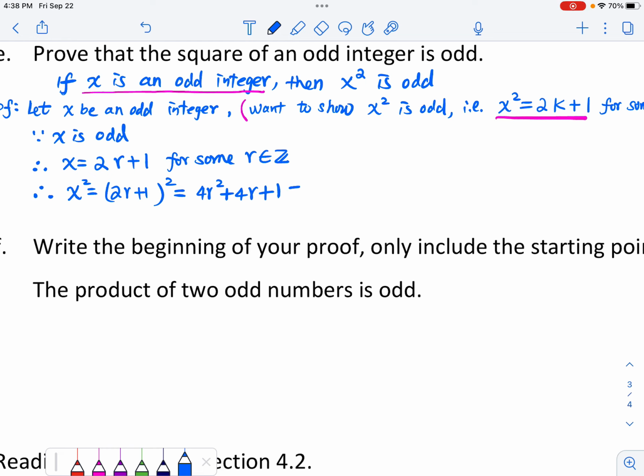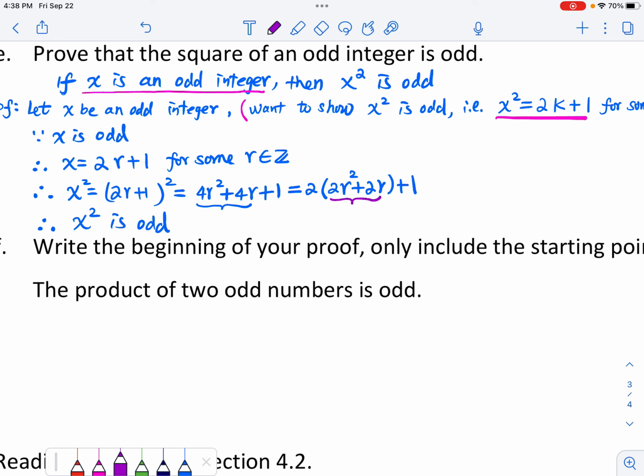So I group these two terms together and factor out a 2, so I have 2 times (2r squared plus r)... rather, 2(2r squared plus 2r) plus 1. Do you see that this is actually an integer? That's going to be your k. Therefore, x squared is odd.